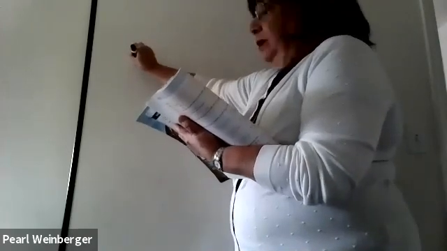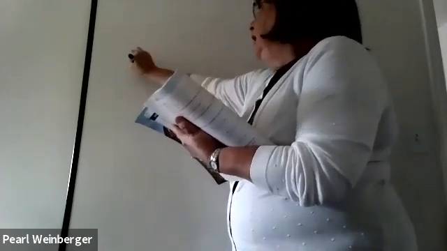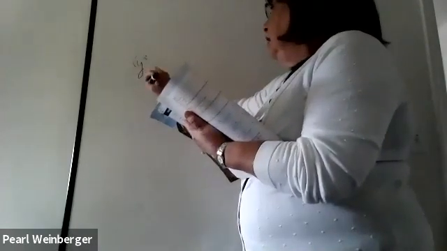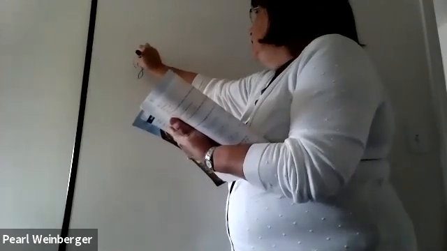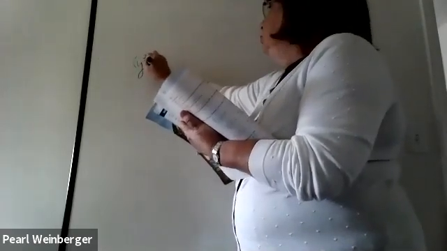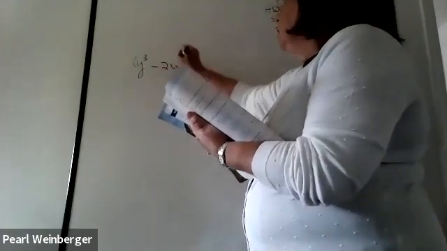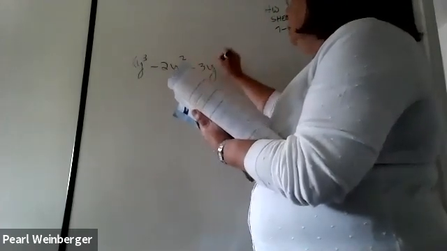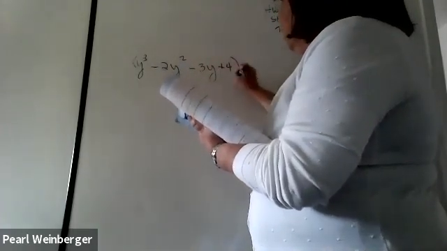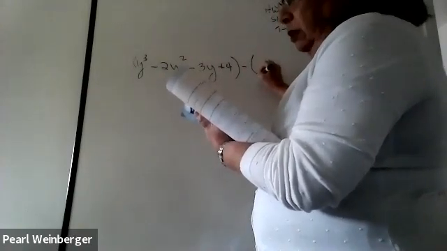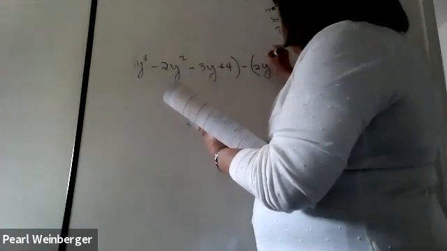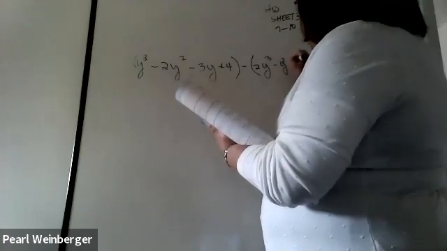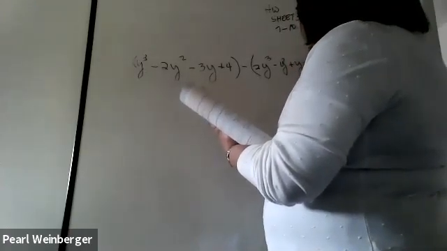Suppose I give you this problem and it either will say simplify or subtract or something. So it says in parentheses y to the third minus 2y squared minus 3y plus 4, minus, in parentheses, 2y to the third minus y squared plus y minus 3.